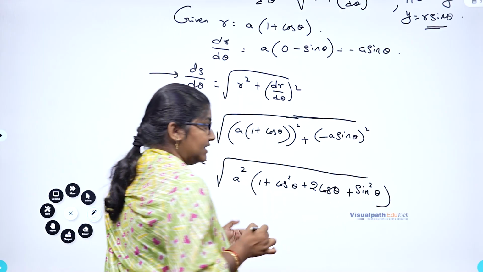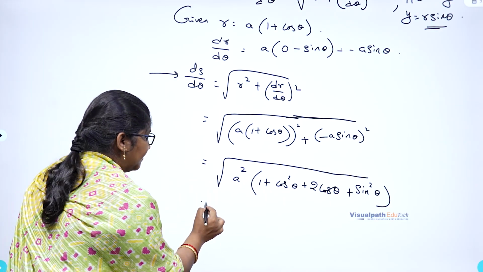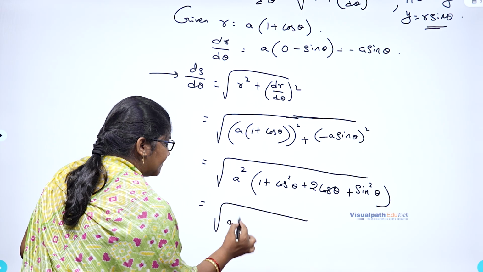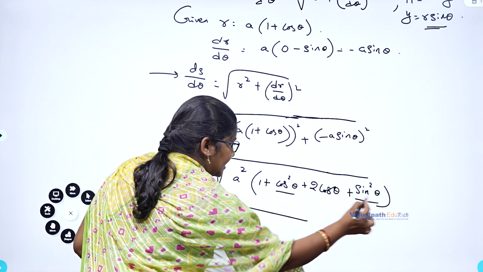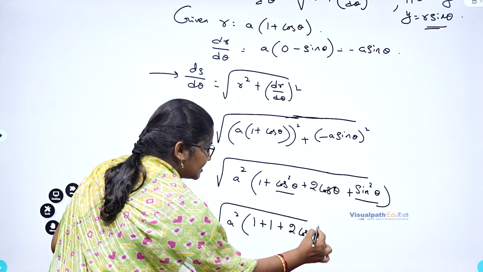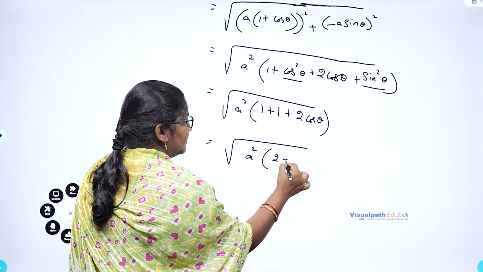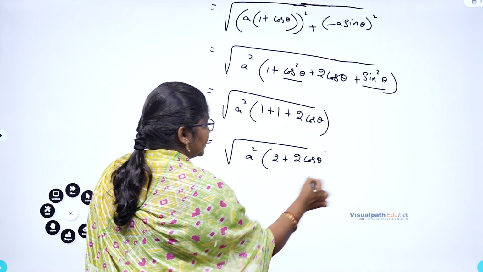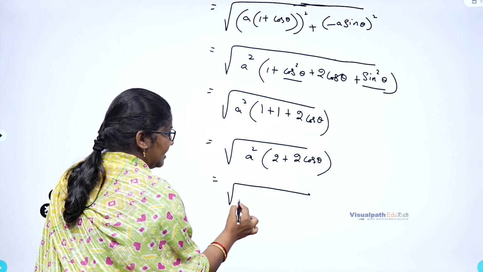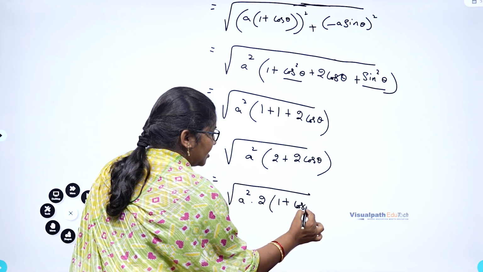Already we did many problems in this module. cos square theta plus sin square theta is 1, so 1 plus 1 plus 2 cos theta. a square into 2 plus 2 cos theta, a square into 2 into 1 plus cos theta.